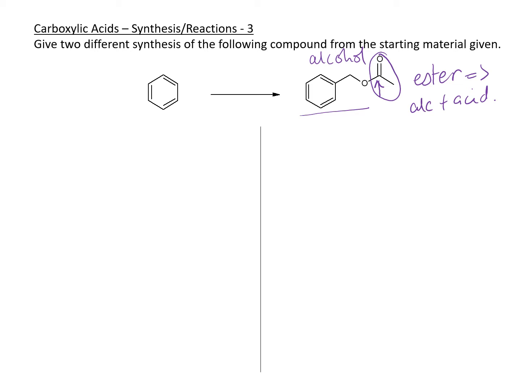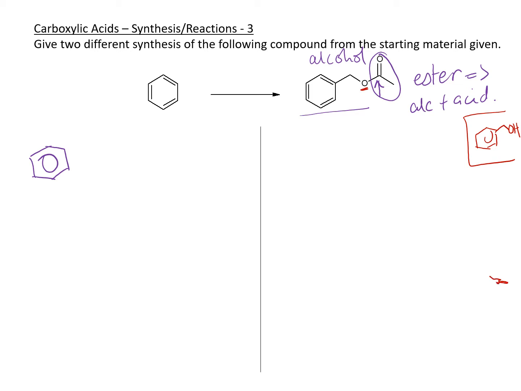So let's take benzene, which is what we're supposed to start with. To get this kind of an alcohol, let me write it here in a different color, we need benzyl alcohol, because this oxygen goes with the benzene ring.